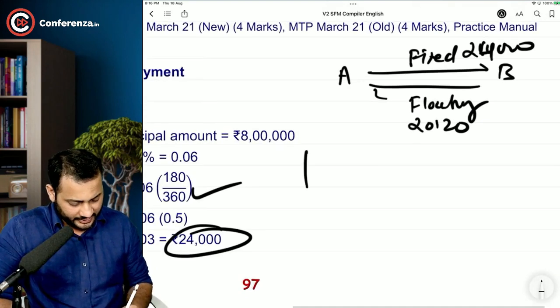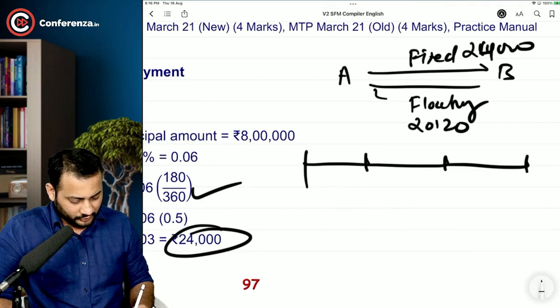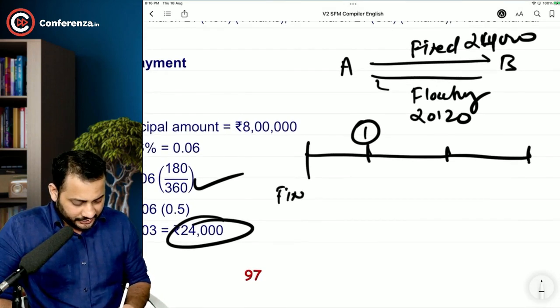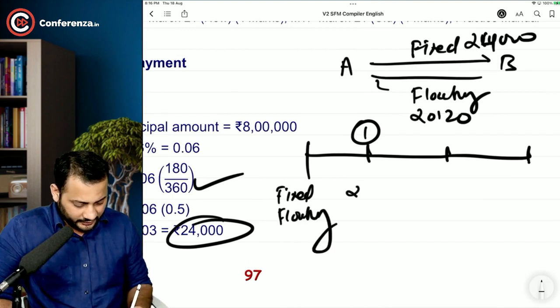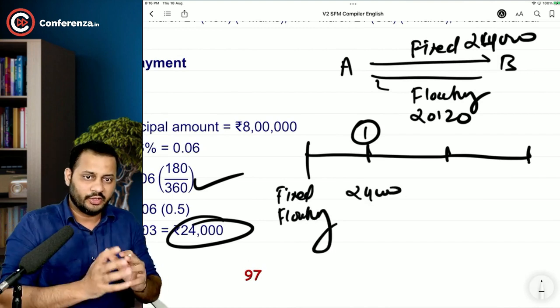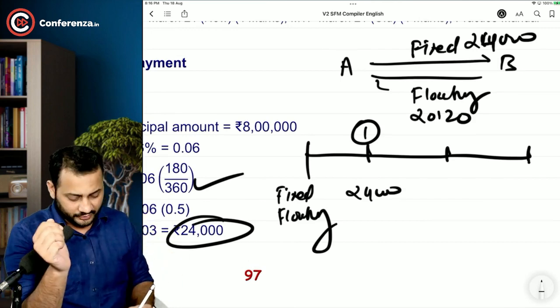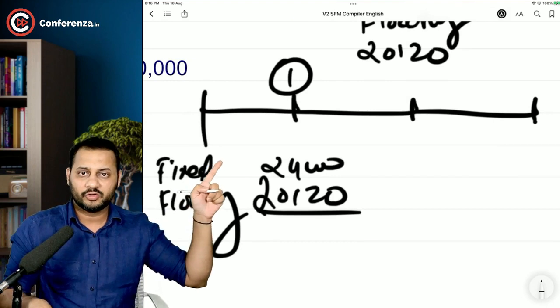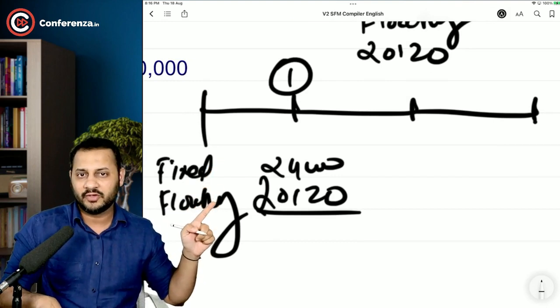Now understand. So this is the first 6 months. At this date there will be some exchange of fixed and floating payment. Fixed payment though is very well known from the very beginning. Floating payment will be known on that date, which will be 20,120. So someone has to pay 24,000 and has to receive 20,120.